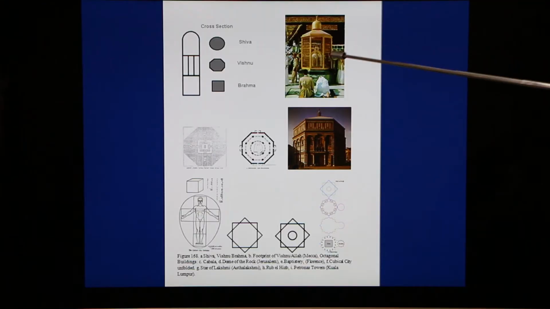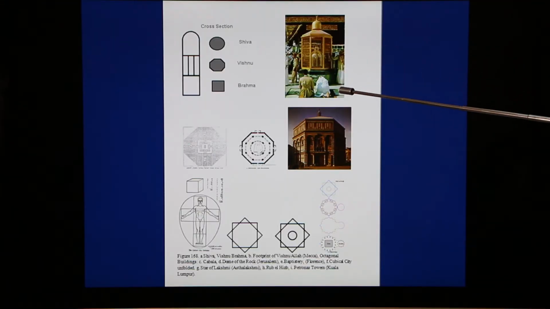But in one of the versions, he goes to Mecca. And if you go to Mecca, you find an 8-sided building, which has a foot of Vishnu in it, which of course now has been renamed a footprint of Muhammad, but it was originally a Hindu place of worship.